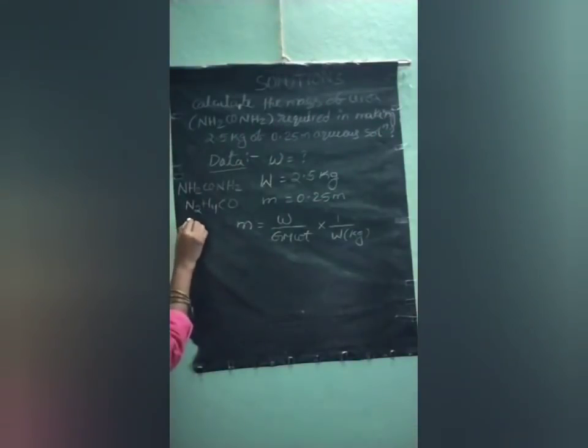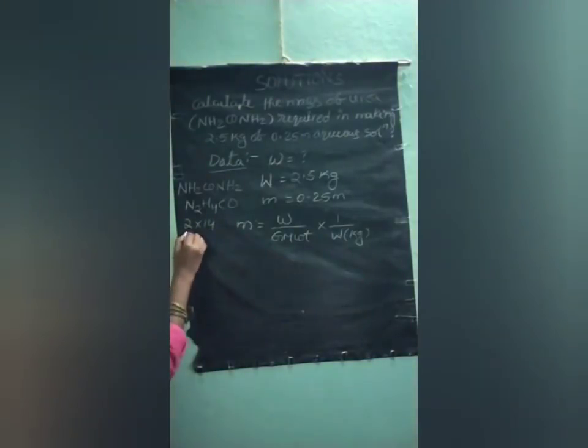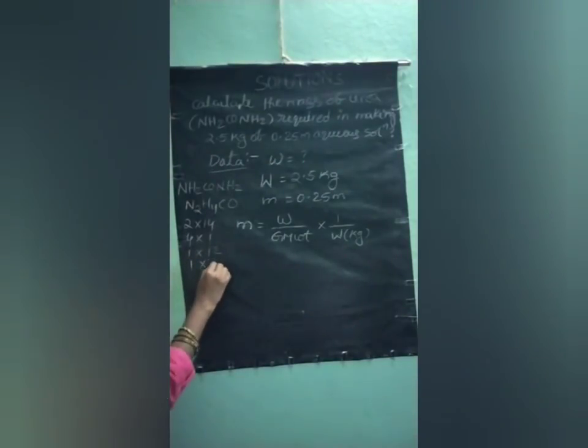So 2 nitrogens are there, nitrogen atomic weight is 14. 4 hydrogens are there, 4 into 1. 1 carbon, 1 into 12, and 1 oxygen, 1 into 16.